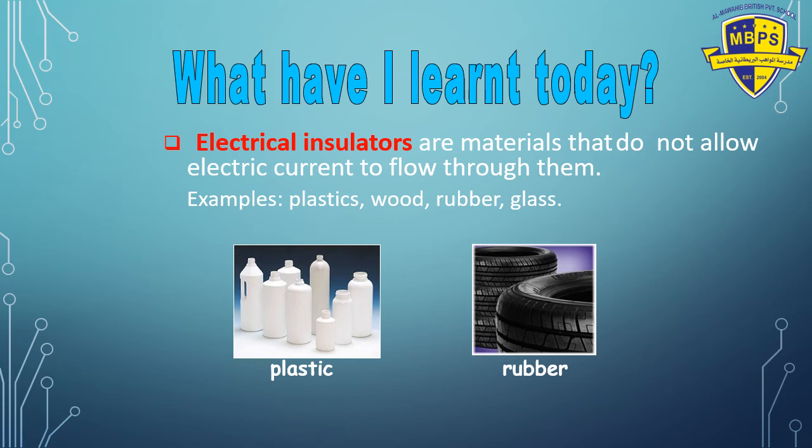If you remember in the video, the plastic end of the screwdriver, the wooden end of the hammer, the wooden part of the wood peg, and the popsicle stick did not allow the current to pass through. So all those things are electrical insulators.